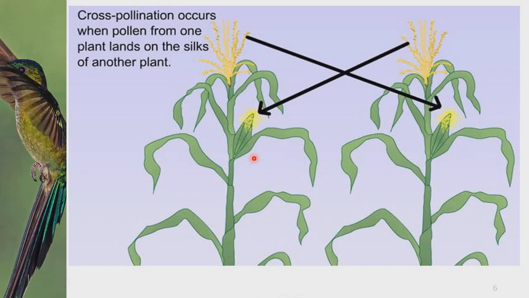But in cross-pollination, you have viable and strong seeds and offspring developing as a result of recombination of genes within different organisms but of the same species. We have features that facilitate cross-pollination.